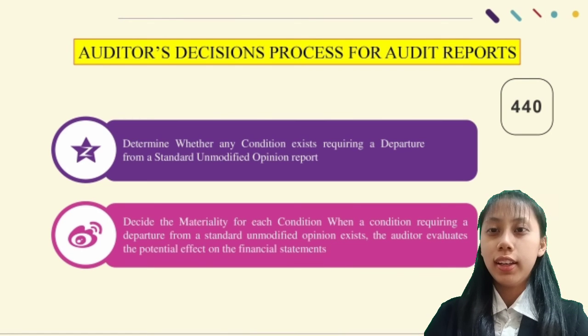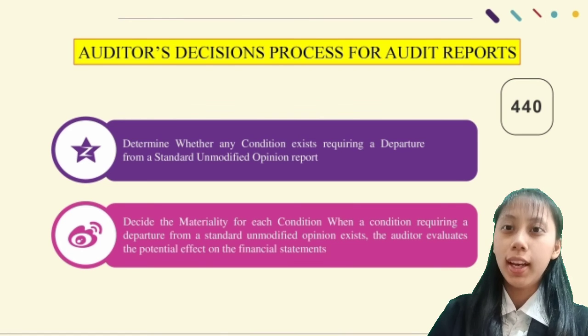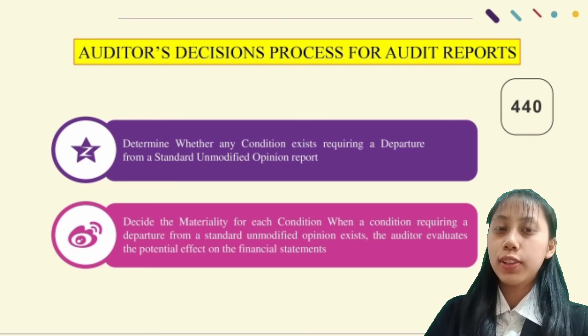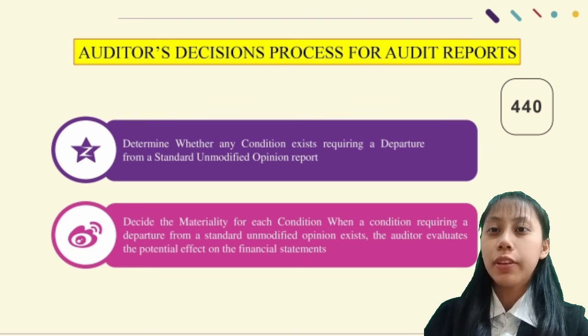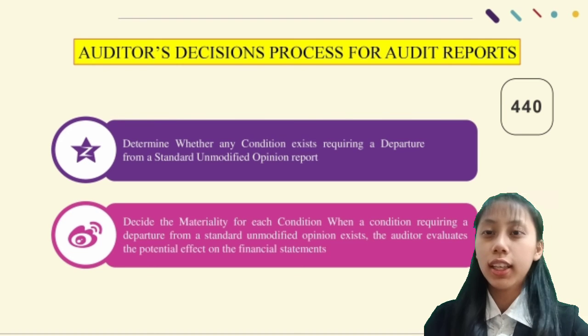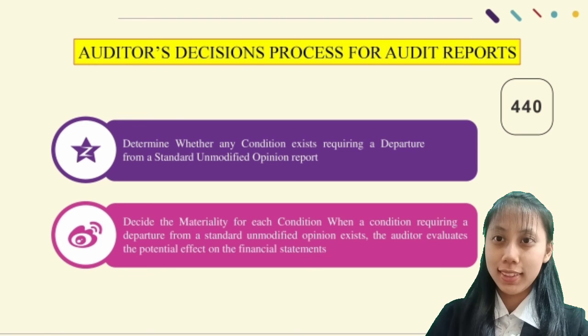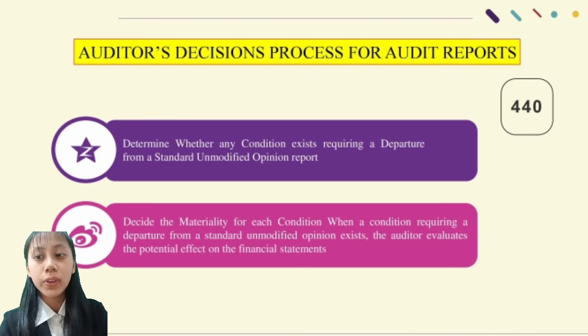In this slide, I will explain the audit decisions for the audit report. There are two decisions. The first is to determine the condition. The second is to determine the materiality for that condition. Determine whether any condition exists requiring a departure from a standard unmodified opinion report.